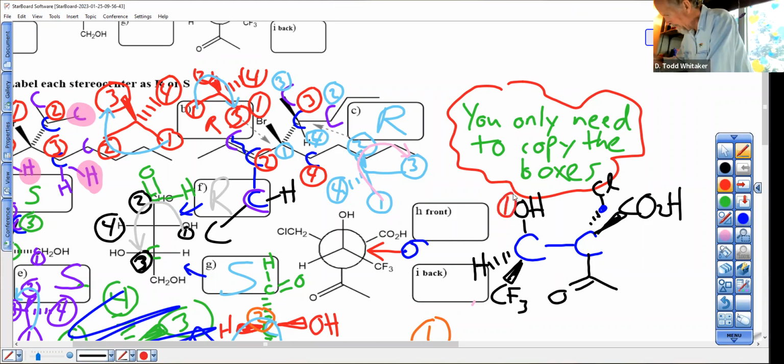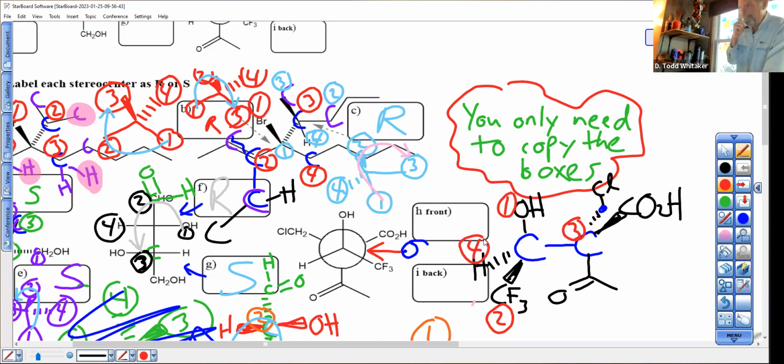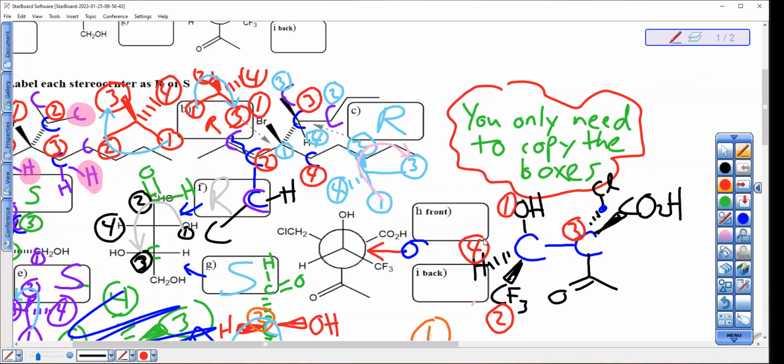Are we okay with that being the one because it's an O? And are we okay with a carbon that has a fluorine beating a carbon that has just carbons beating an H? Are we okay? Yes. So I was lucky.